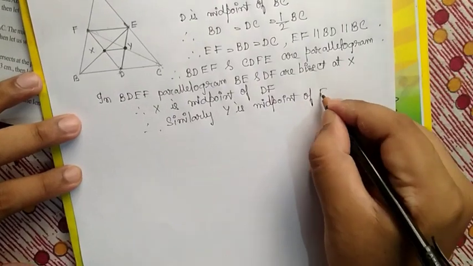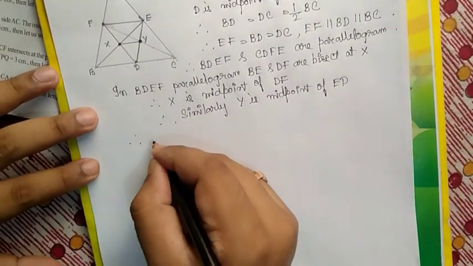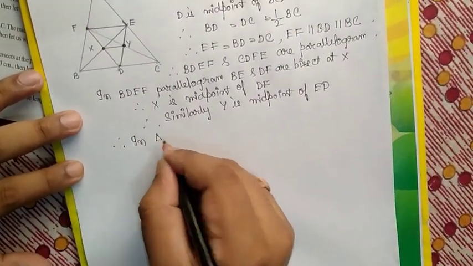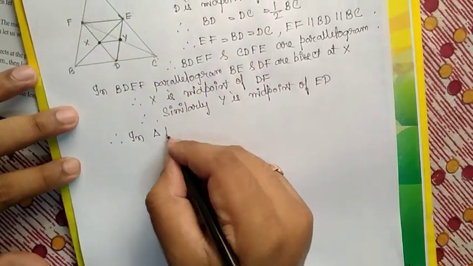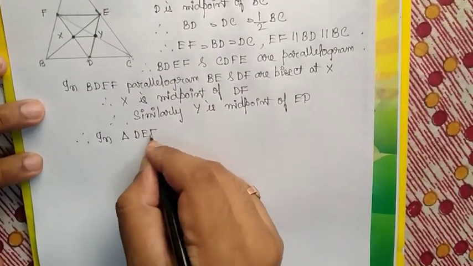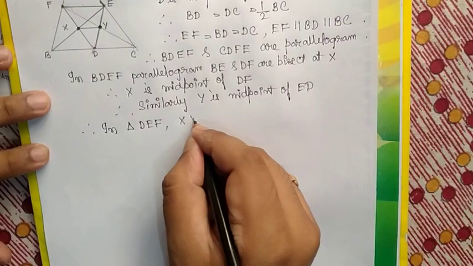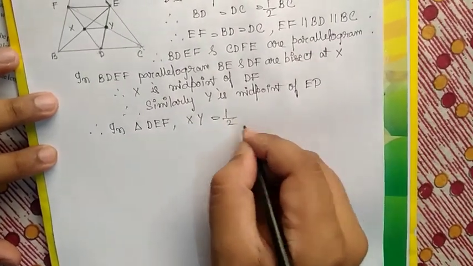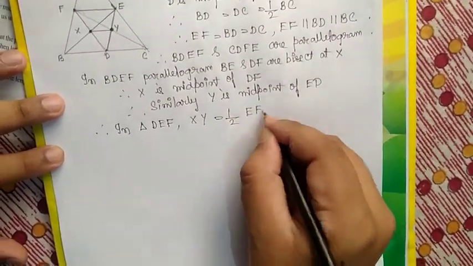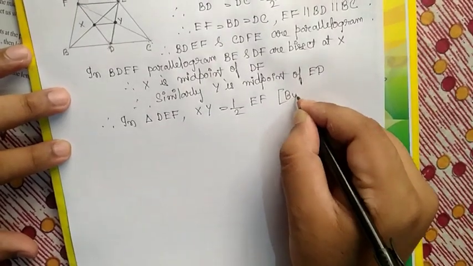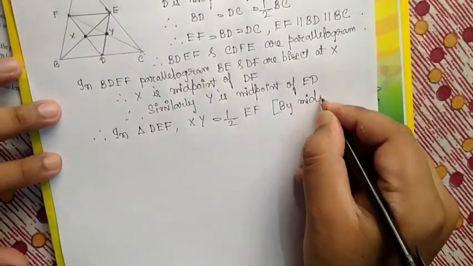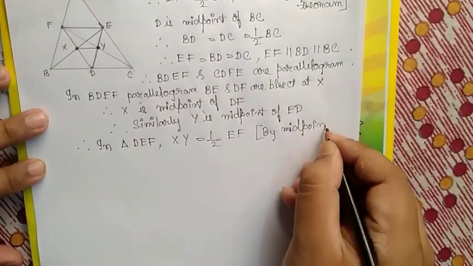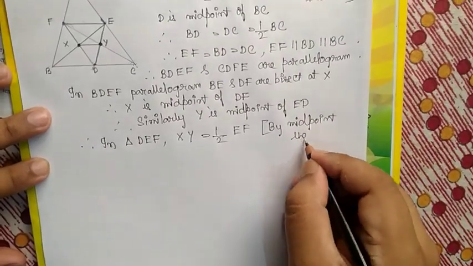So in triangle DEF, XY equals half EF by the midpoint theorem. Why?